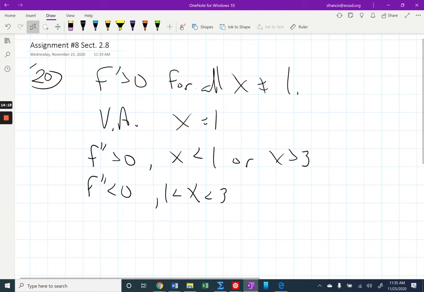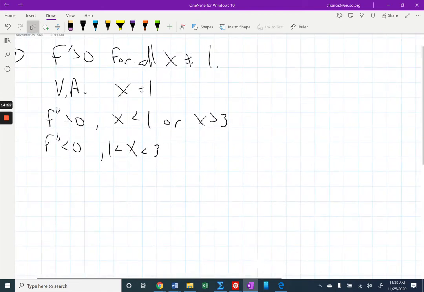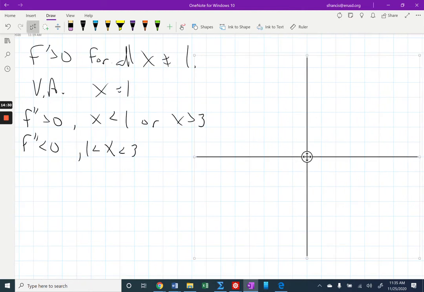All right, so we're going to squeeze all these onto a graph. What I would do is start by getting some axes. Then, like I've shown you before, I would start dividing this up around these points. At 1, I'm going to draw a vertical dashed line because it's actually the vertical asymptote.